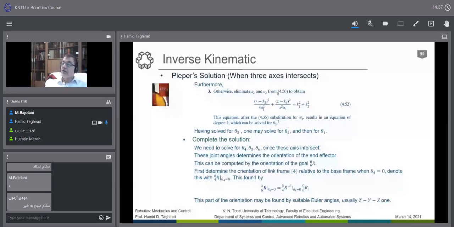We will show it in the next example. And since having theta 3, then we can solve for theta 2 and theta 1. How can we solve for theta 2 and theta 1? Go back to these two equations. As you see here, we have a function of theta 1 and G1.